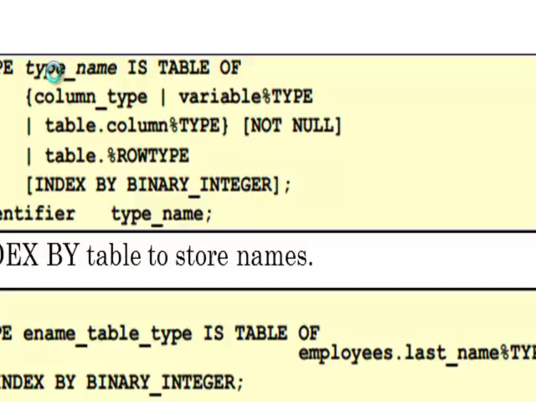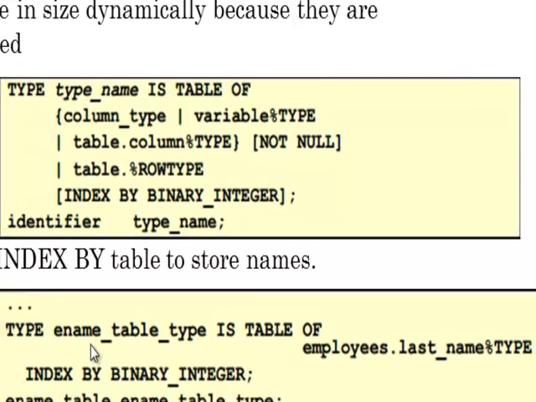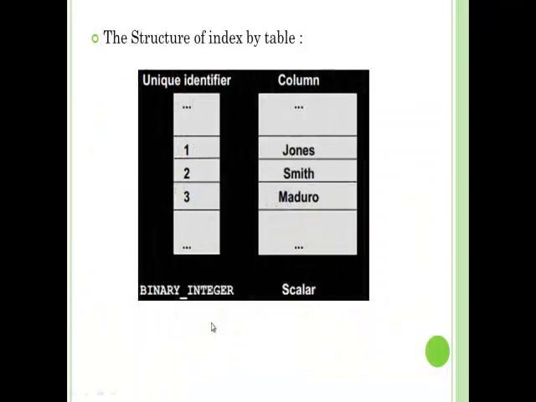For the example, you can see the syntax. The structure of an index by table is like this: a unique identifier and a column. The unique identifier is a binary integer, and the column is a scalar.